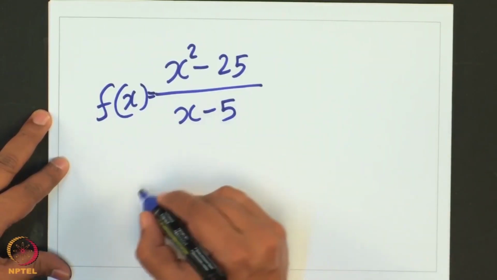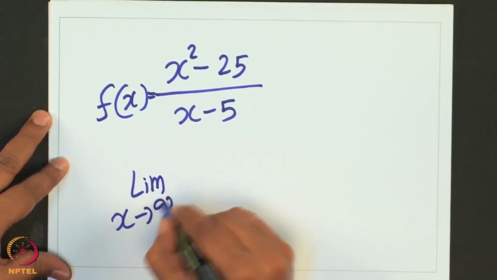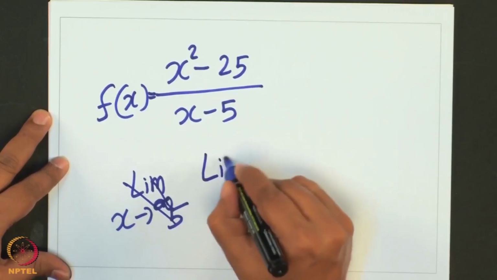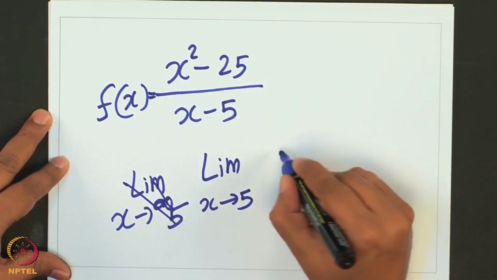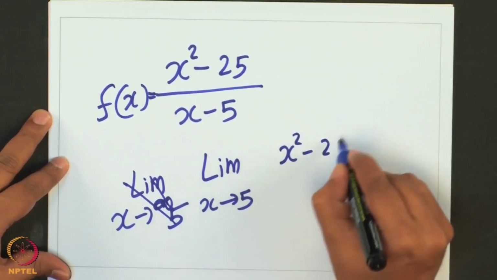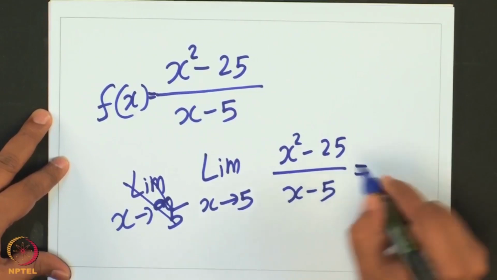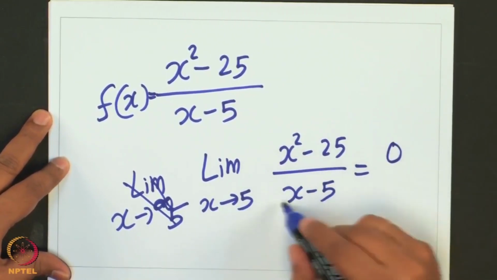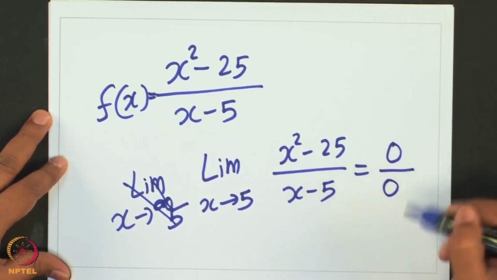In the limit x going to 5, x square is 25, 25 minus 25 is 0, and x minus 5 is also 0, so you would get 0 by 0.